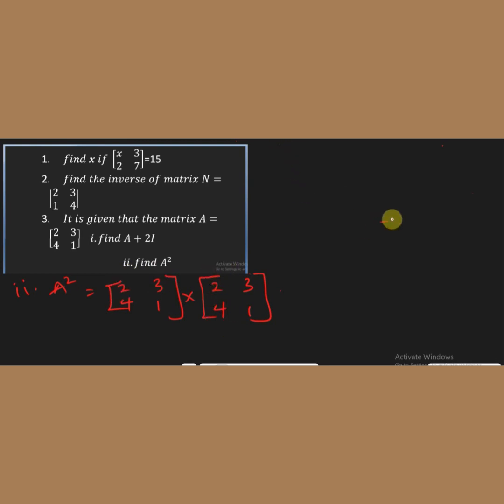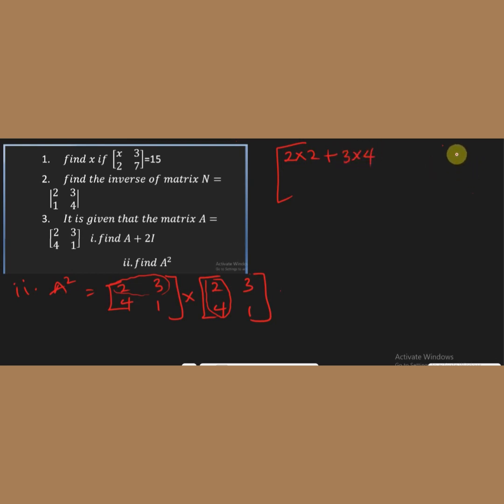So it's going to be 2 times 2, that is this times this. That is 2 times 2 plus 3 times 4. Remember I said row against column. This is how the multiplication is going to go. 2 times 2 plus 3 times 4.